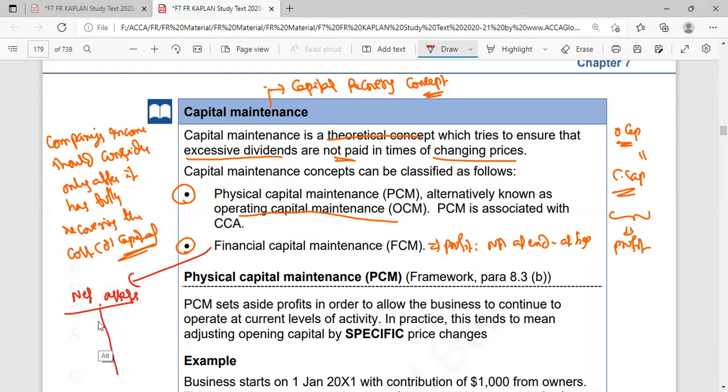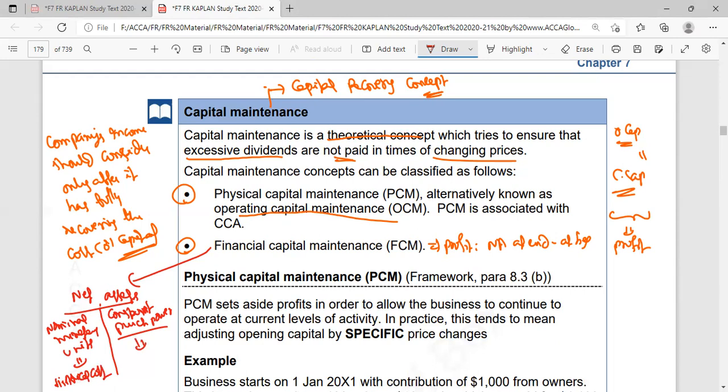One is constant purchasing power, and the second one is nominal monetary units. In case of nominal monetary units, historical cost of net assets is considered. There are no price fluctuations considered.